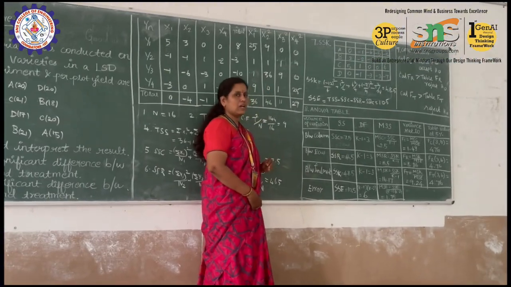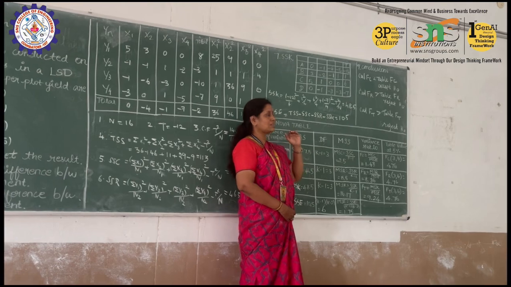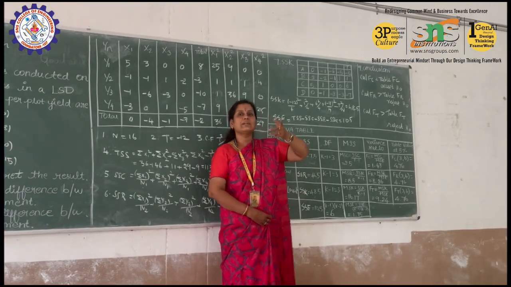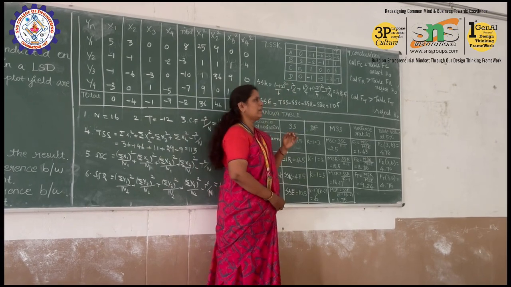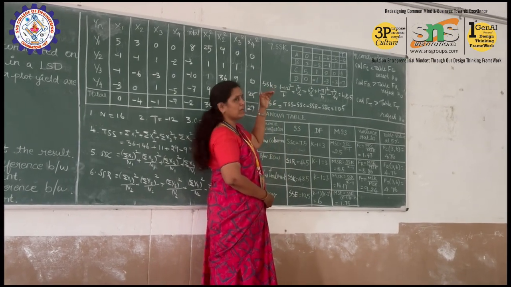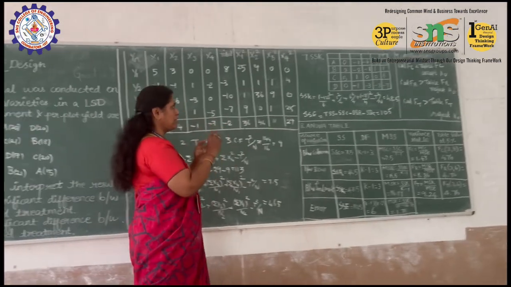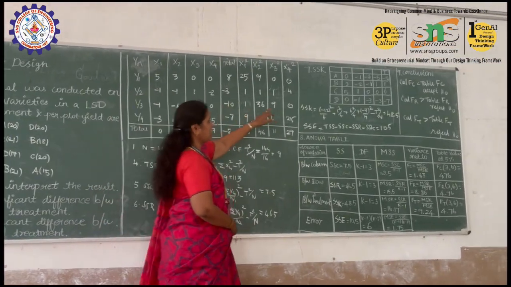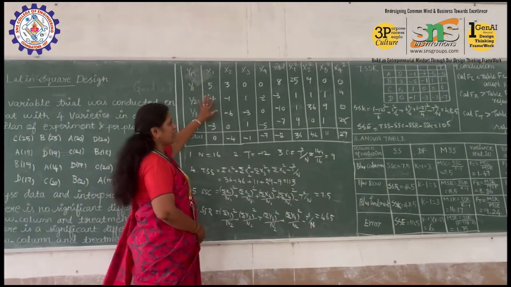After finding this value, next we move on to the sum of squares between the treatments, which we take as SSK. In the treatment-wise calculation, we separate the values of A, B, C, D in the table here.